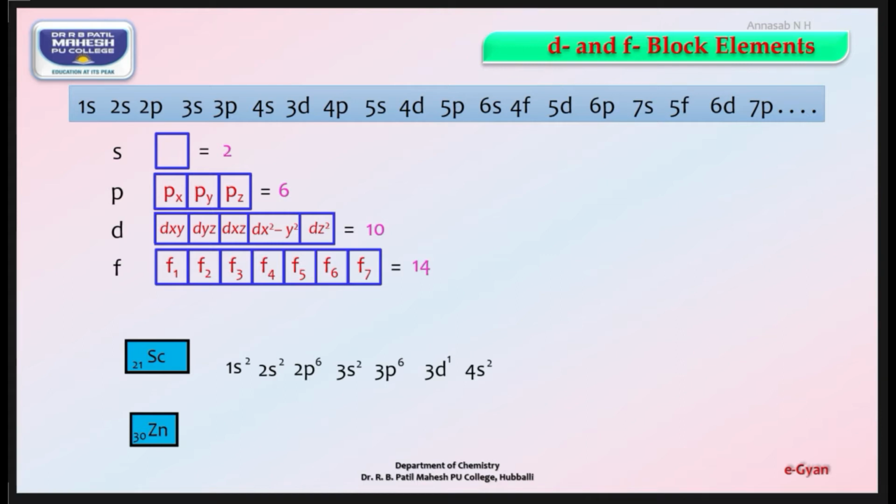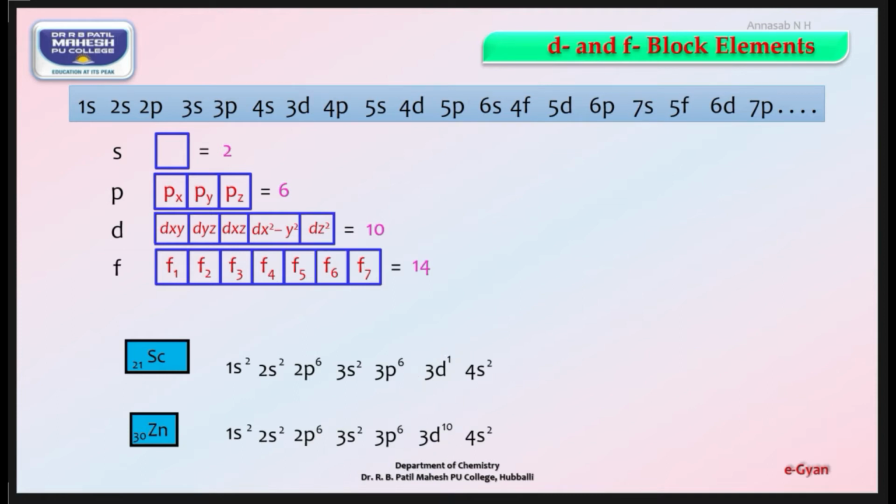So one electron enters into 3d series. Similarly for zinc, 1s2, 2s2, 2p6, 3s2, 3p6, 4s2, and 10 electrons they enter into 3d series. So from scandium to zinc, the electron is going to enter into 3d series. So these are known as d block elements.